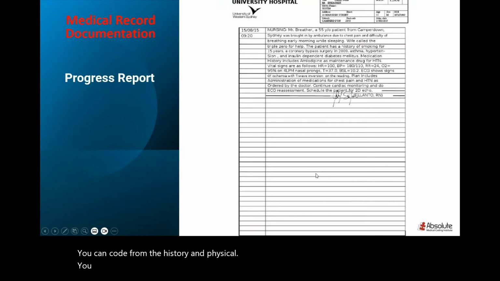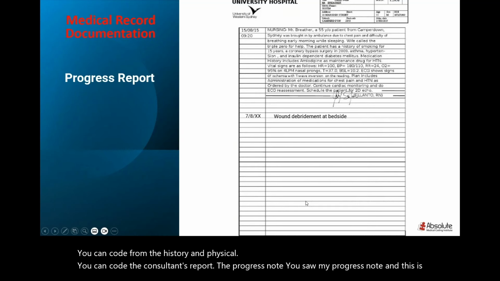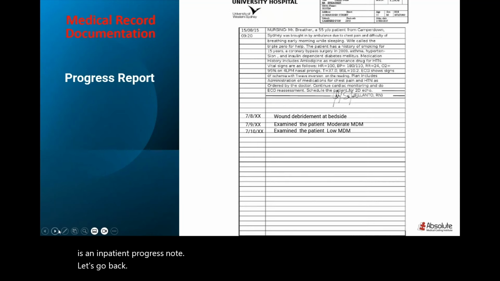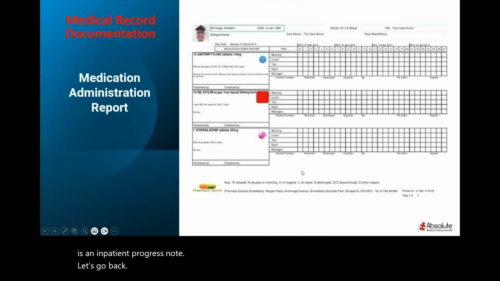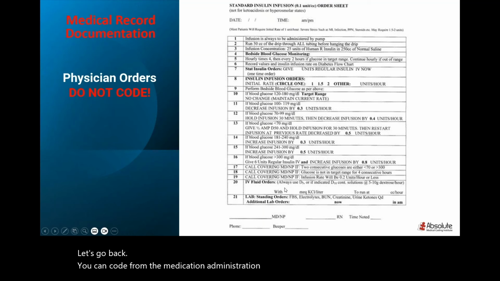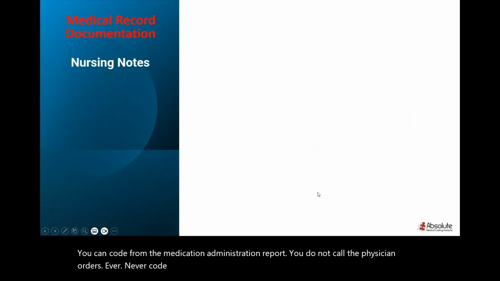You can code the consultant's report and the progress note. You saw my progress note, and this is an inpatient progress note. You can code from the medication administration report. You do not code the physician orders ever. Never code physician orders. Those are just instructions.